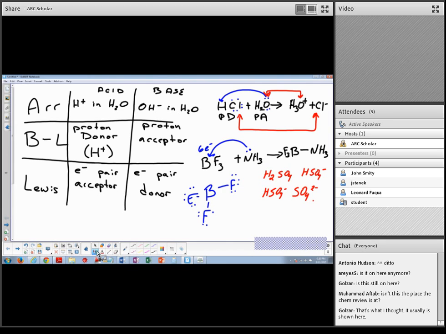This brings me to something else. Anyone notice anything special about the HSO4 minus? It's both an acid and a base, depending on what it's going to be reacting with. So what do you call a molecule that can act as both an acid or a base?